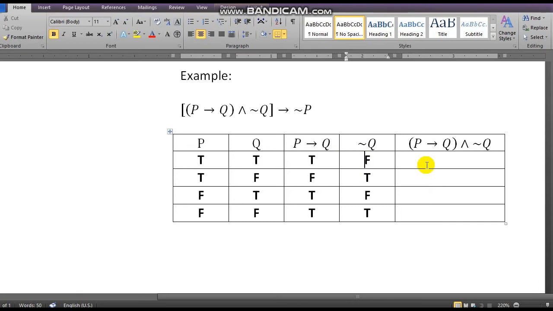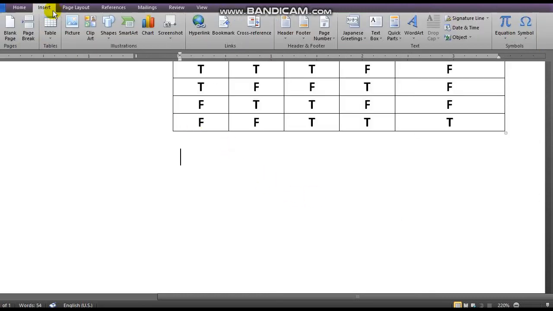True and false, that's false. False and true, false. True and false, false. True and true, that is true. So we have false, false, false, true.